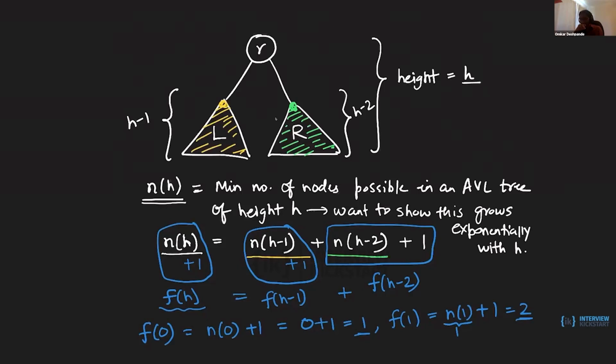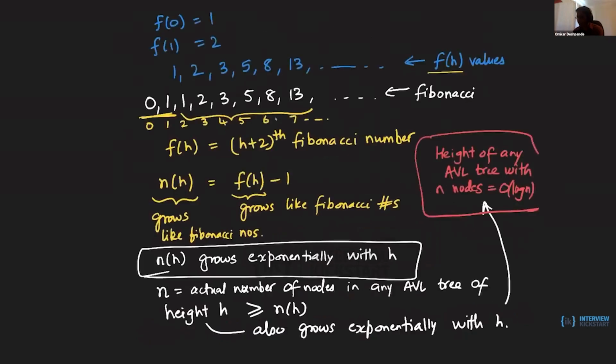So this is essentially the same as saying that the inverse of an exponential function is a logarithmic function. Yeah, exactly. So instead of proving that the height is a logarithmic function of n, we showed that n is an exponential function of the height.